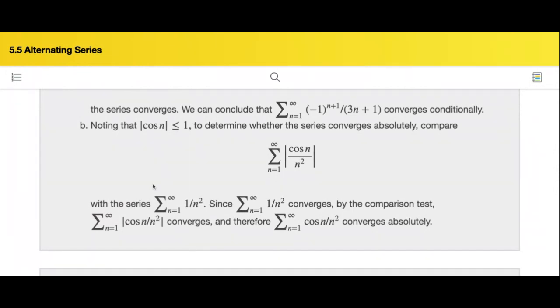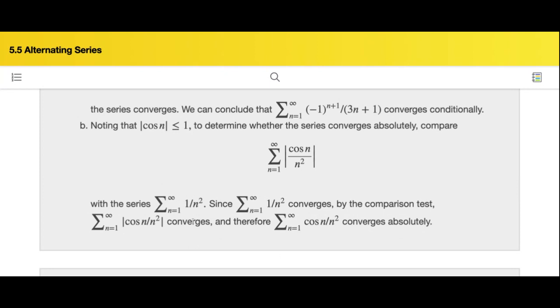Because we can take the limit of the ratio, cosine n over n squared divided by 1 over n squared, we just get the absolute value of cosine n. So the absolute value of cosine n divided by n squared converges, and therefore the original cosine n divided by n squared converges absolutely, right?